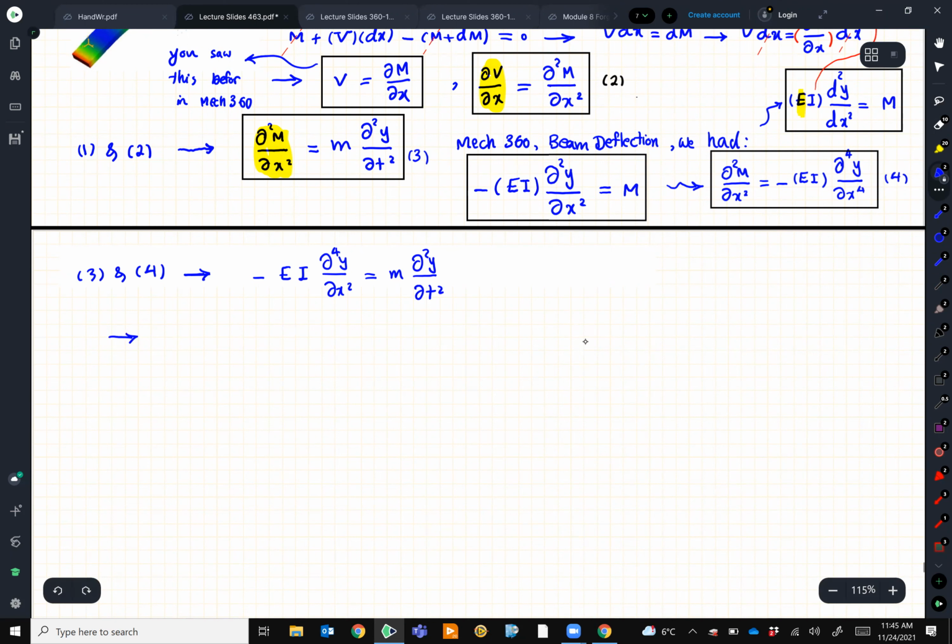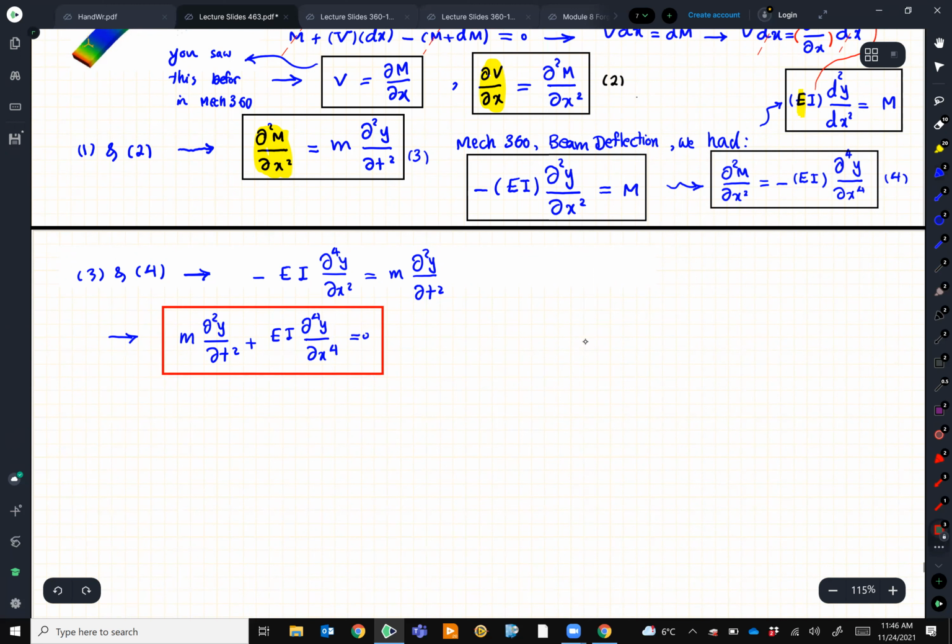Let's order this equation: m, second derivative of y with respect to time, plus EI, fourth derivative of y with respect to x, equal to 0. And this is the final equation for a beam, the equation of motion for a beam, like a general formula for a beam.